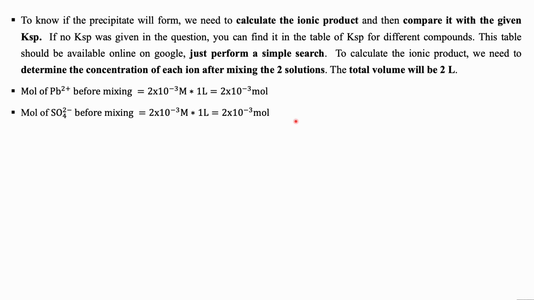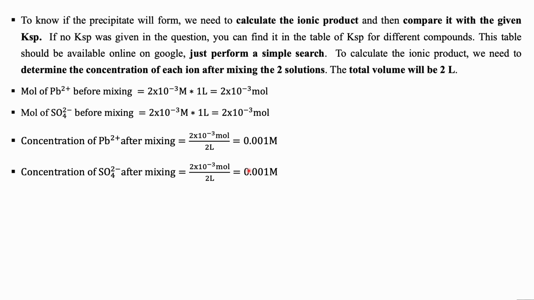After getting the moles, then determine the concentration after mixing. That means we determine the total volume. Total volume will be equal to 2 liters. Then to get the concentration, we take the moles over the volume, which is 2 liters. Then you determine the concentration of lead after mixing, we get 0.001. We determine also the concentration of sulfate after mixing by taking the moles and dividing by the total volume, you get 0.001 molar.